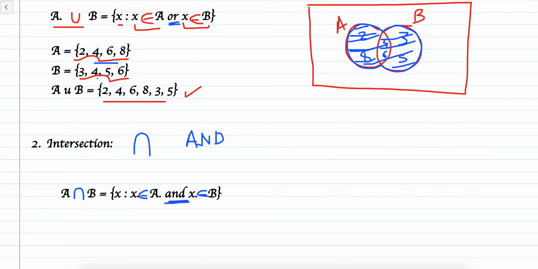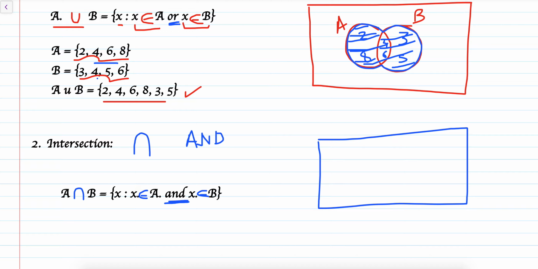If we look at the same example and draw a Venn diagram, what are the elements common to both? 4 and 6. 4 and 6 are common to both, and here are other elements.